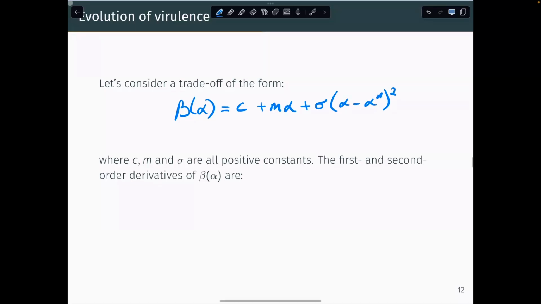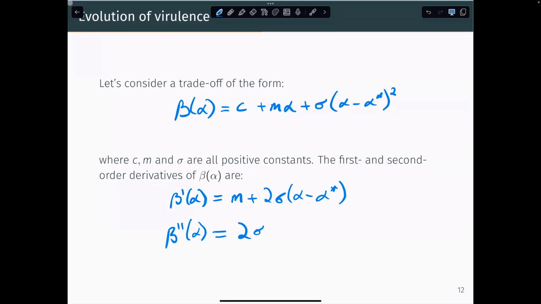And then it's pretty straightforward to find our derivatives of beta with respect to alpha. Our first order derivative is going to be m plus 2 sigma times alpha minus alpha star. And the second order derivative is going to be just 2 sigma.